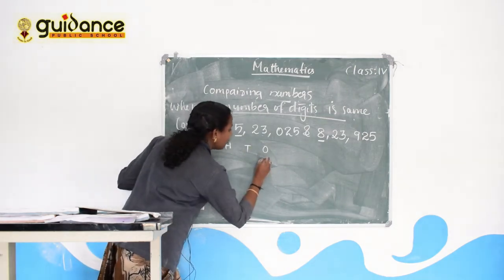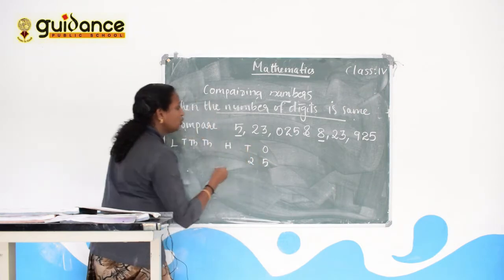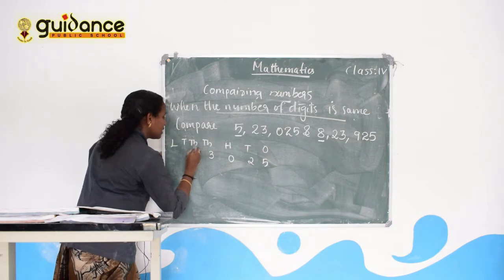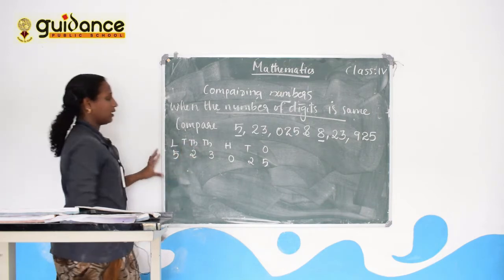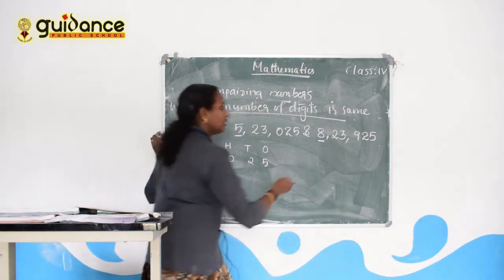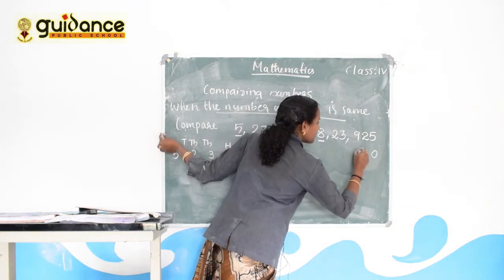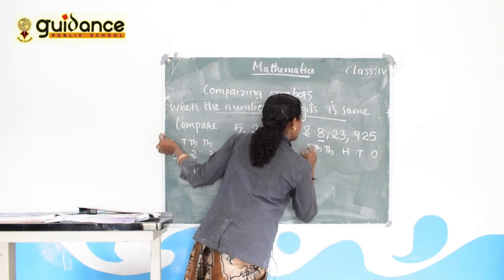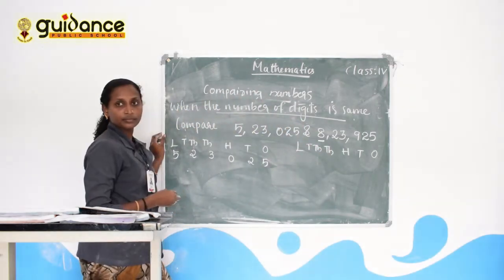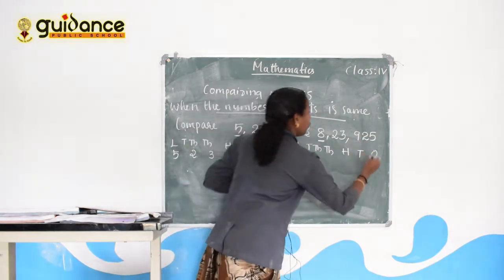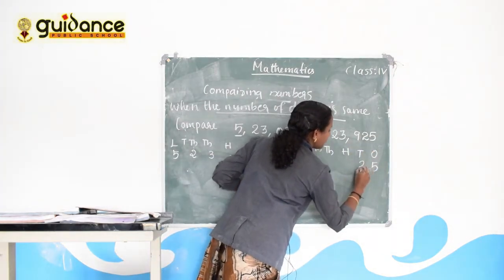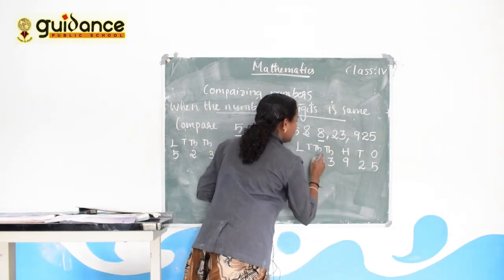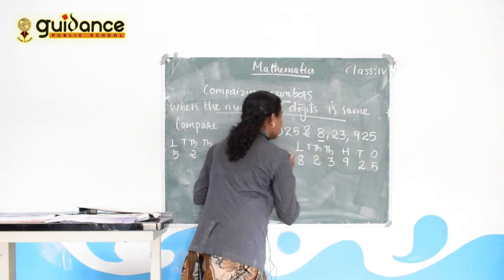The ones 5, tens 2, hundreds 0, 1000 is 3, 10,000 is 2 and lakh 5. Here also write ones, tens, hundreds, 1000, 10,000 and lakh. Ones 5, tens 2, hundreds 9, 1000 is 3, 10,000 is 2 and lakh 8.